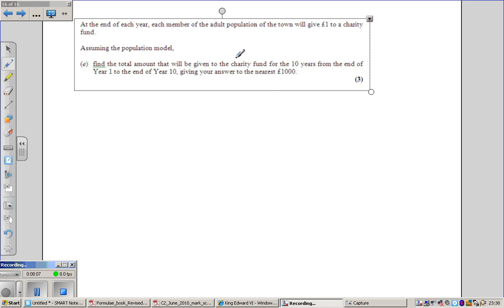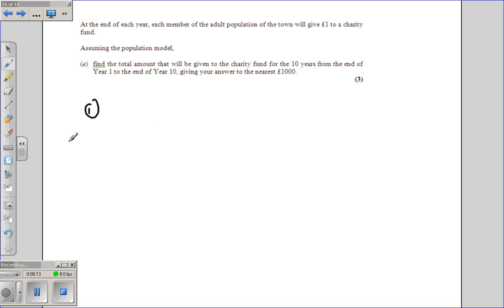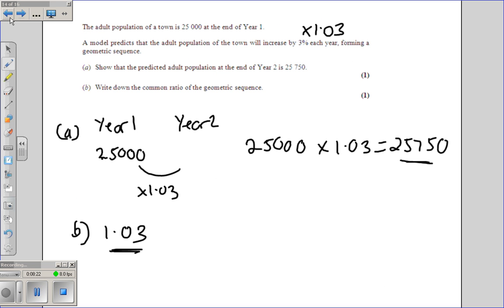If every person is given £1 at the end of each year, then in the first year, it's going to be the 25,000 that it started off with. In the second year, it's going to be, can't quite remember what it was, 25,750.